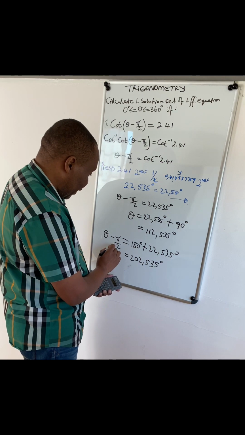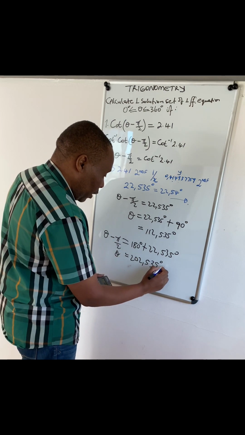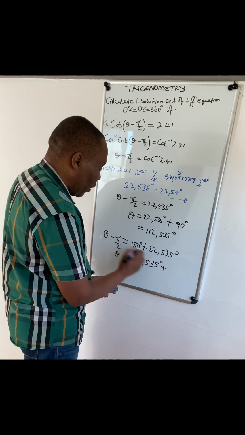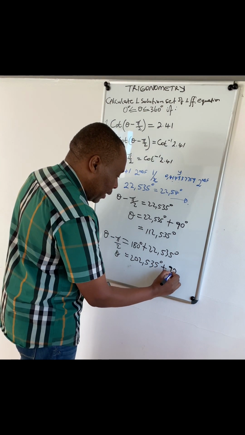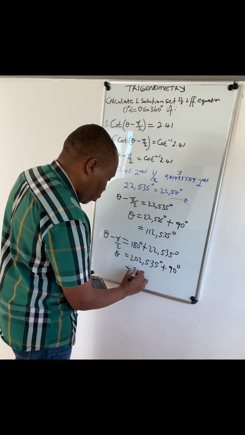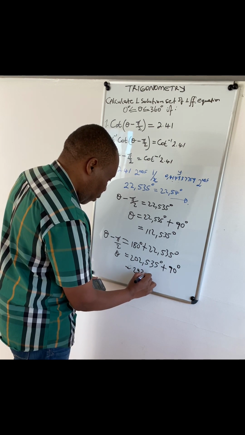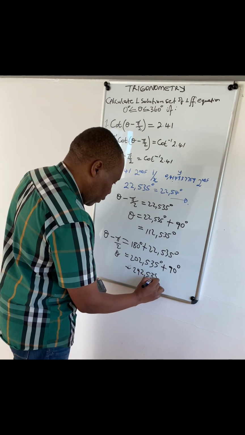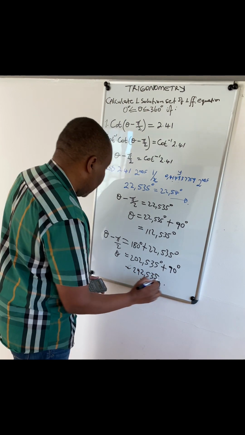Remember, we've got a 90 here, and the negative turns to be positive on this side. Pi over 2 is 90 degrees. So we've got our theta to be 292.535. This is our answer.